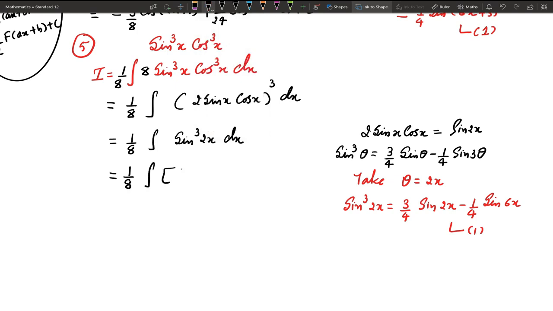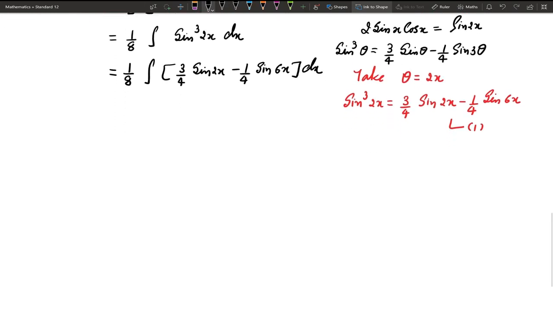1 by 8 integration of (3 by 4 sine 2x minus 1 by 4 sine 6x) dx. So term wise we can integrate. Integration of sine is minus 3 cos 2x upon 2, so 4 into 2, 8, 8 into 8, so this is 64.